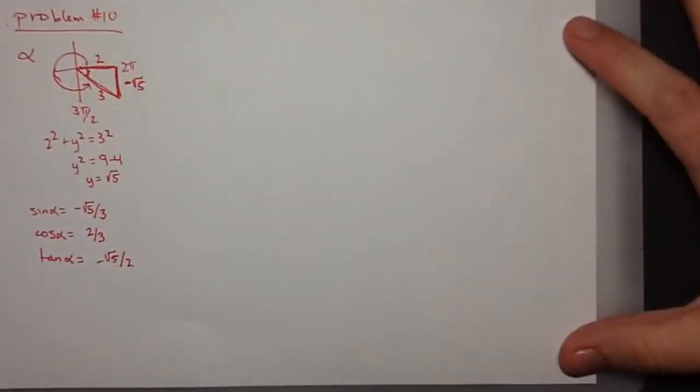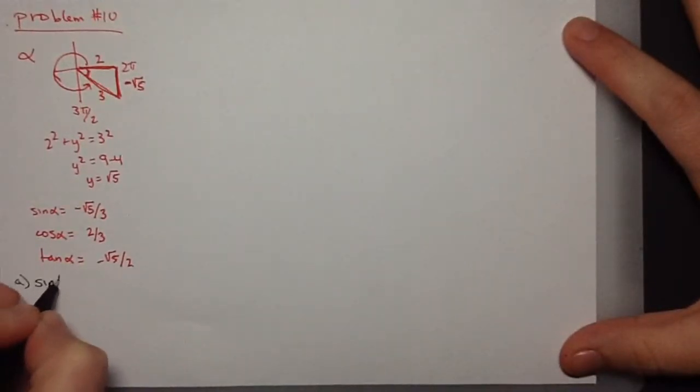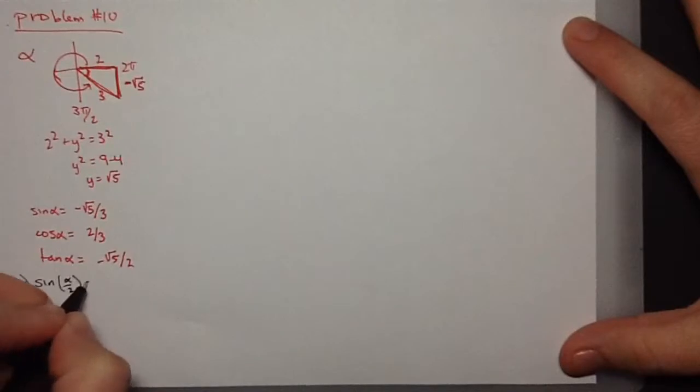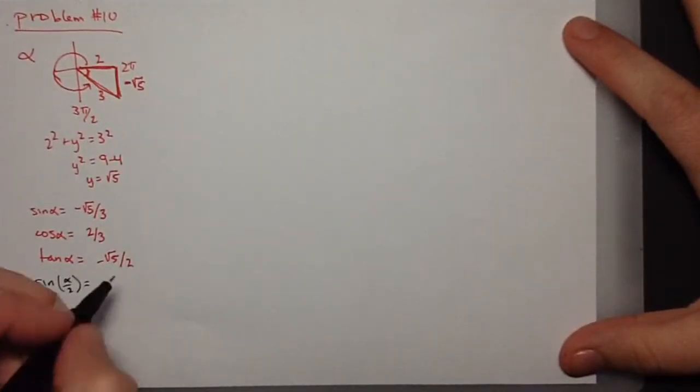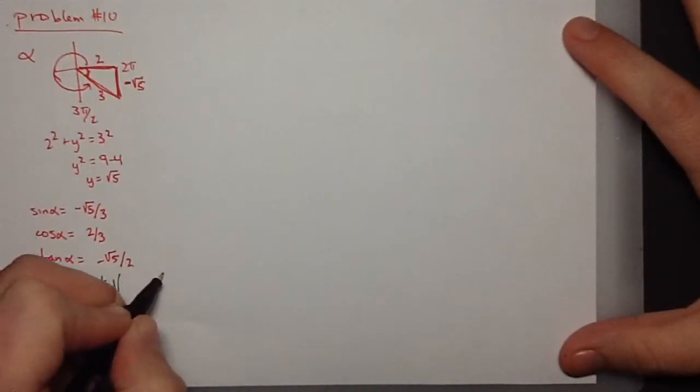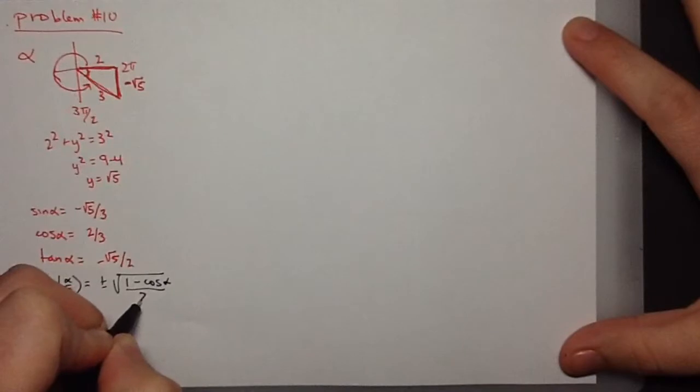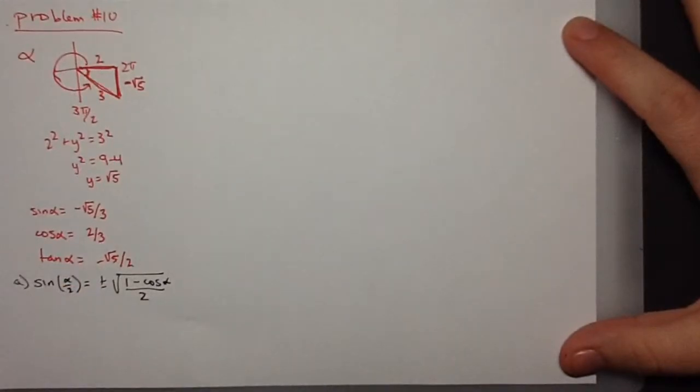They say, what is the sine of alpha over 2? Question A says, please tell me the sine of alpha over 2. So we look up our half angle formula and we see that it is plus or minus the square root of 1 minus cosine alpha over 2. Again, that's just something on your reference sheet.